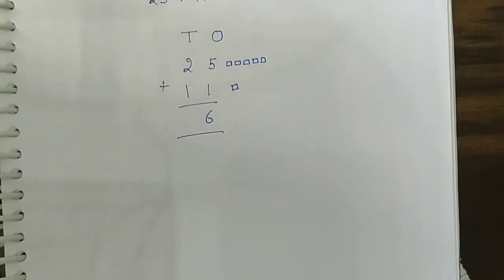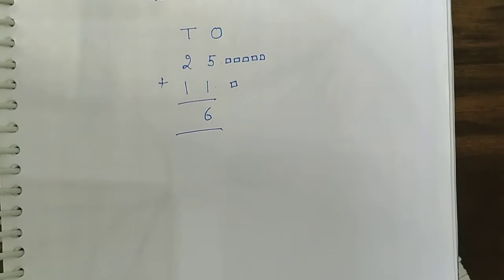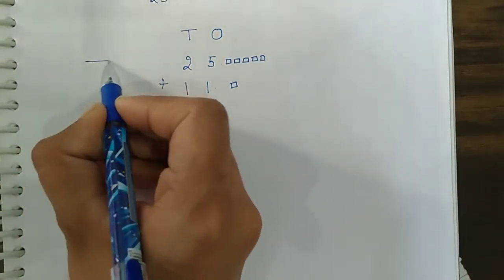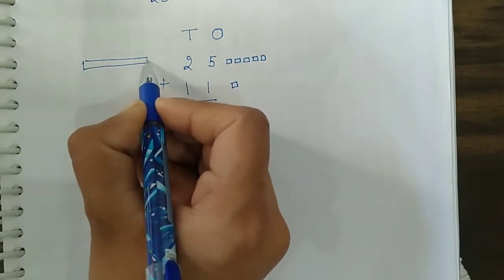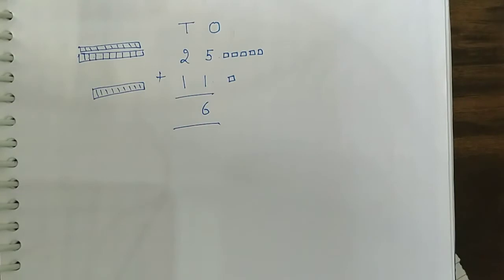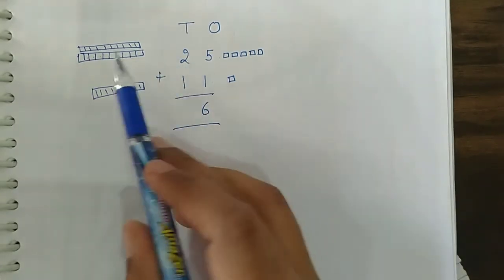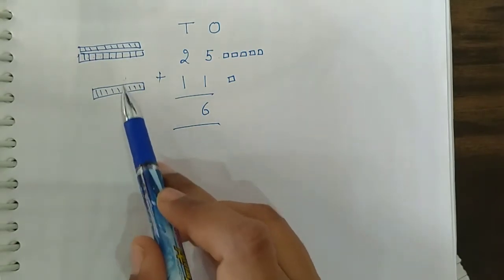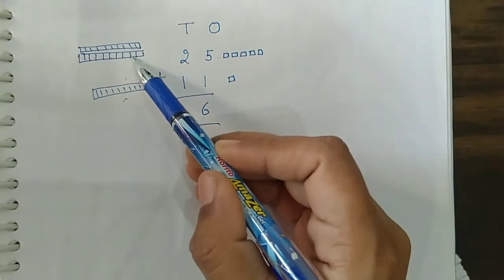Now add the tens place digits. So students, see this. Here we have two tens and one tens. When we add two tens and one tens, we get 1, 2, 3.